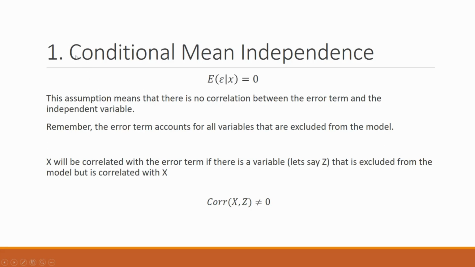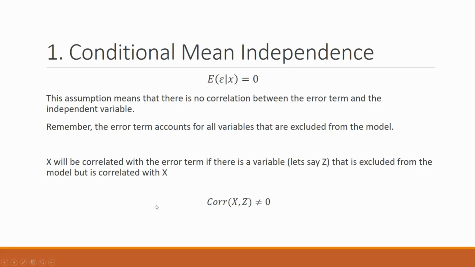Talking about that first assumption, the conditional mean independence. What this expression effectively means is that there is no correlation between the error term and the independent variable. That's what this first assumption means.